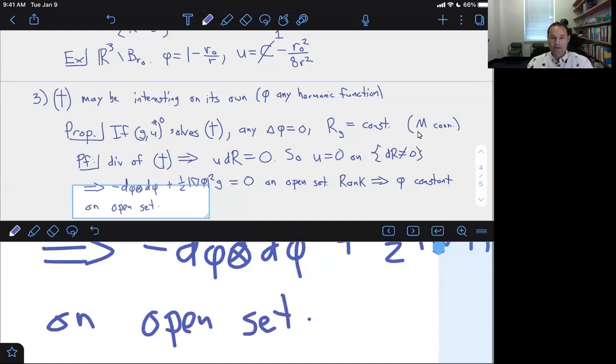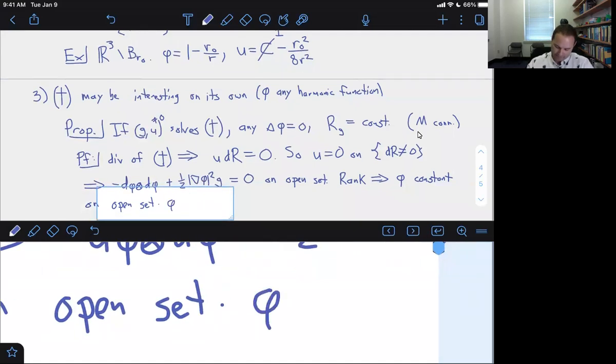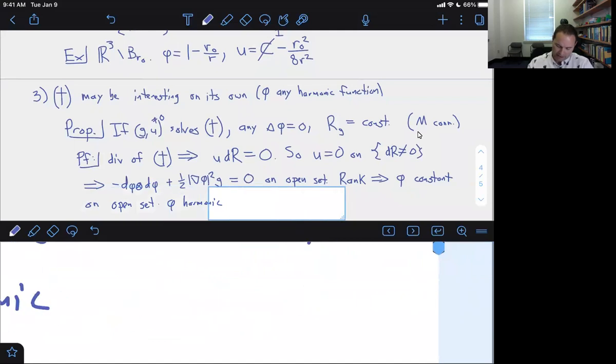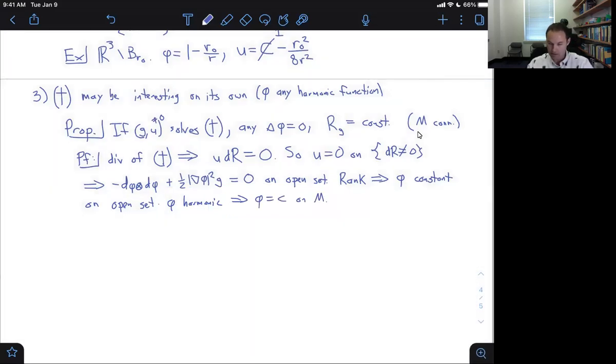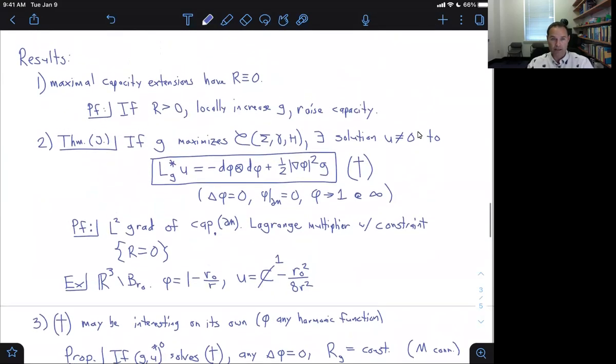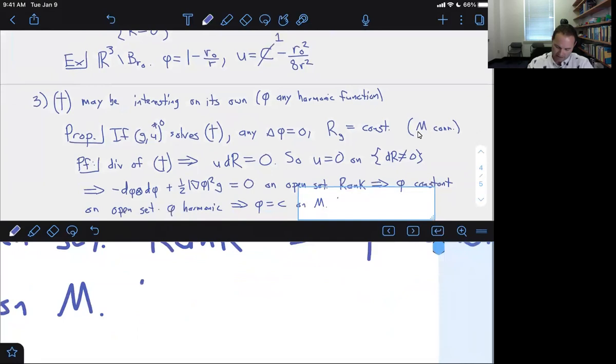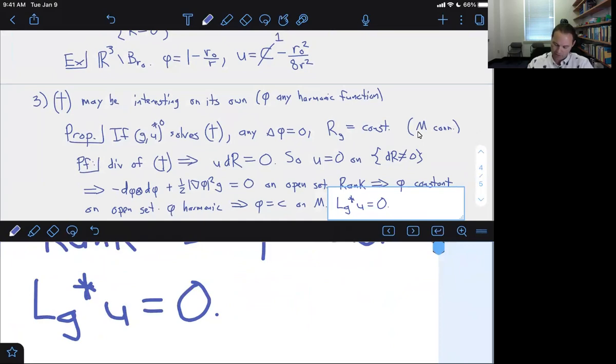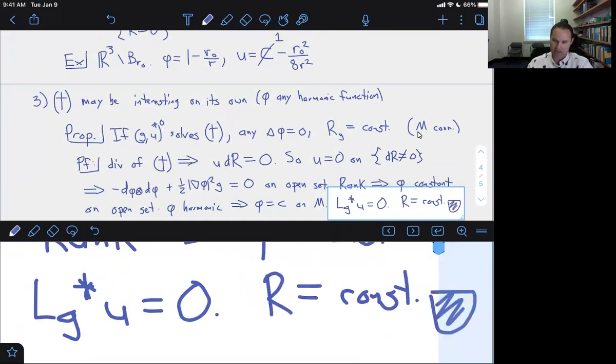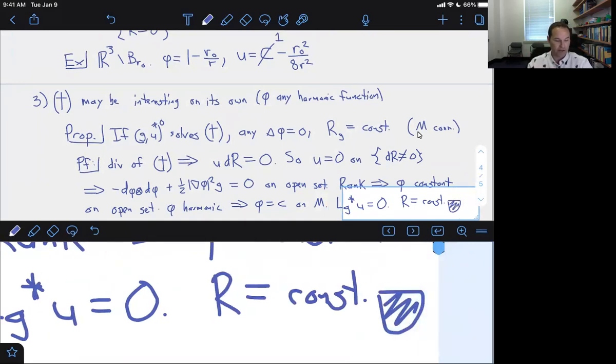But then phi is a harmonic function, so it's constant on an open set, so it's constant globally. So phi equals constant on M globally. If phi is constant, well then the whole right-hand side is 0, and then you're back to having a static metric. So then L_G star U equals 0, and then you can use known results to get that R equals constant.